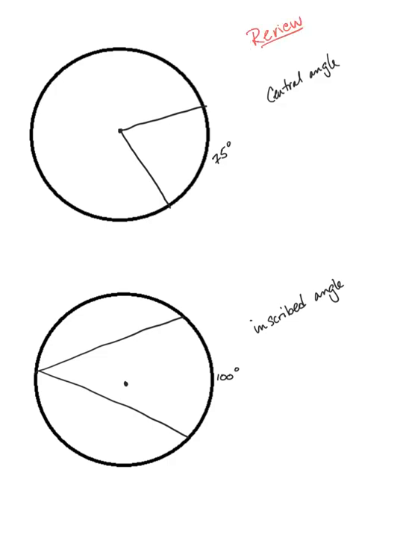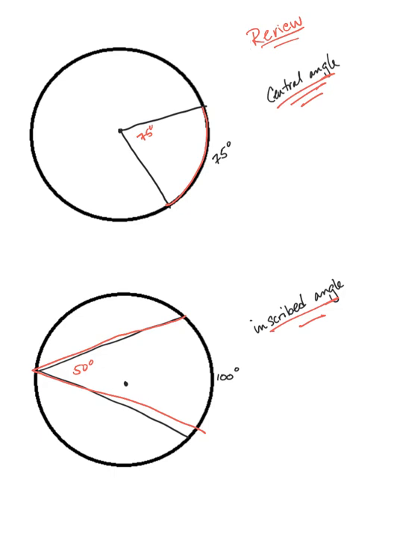So for the review, what we had done last class, we had discussed that a central angle has the same measure as its intercepted arc. So that would measure 75 degrees. An inscribed angle measures half of its intercepted arc. So this would be 50 degrees. Half of 100.